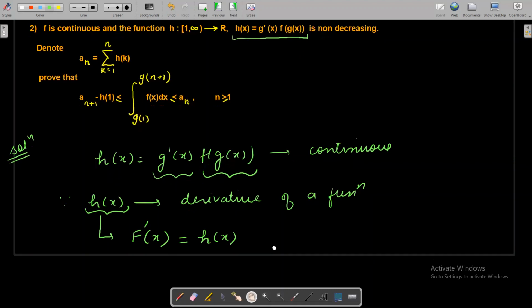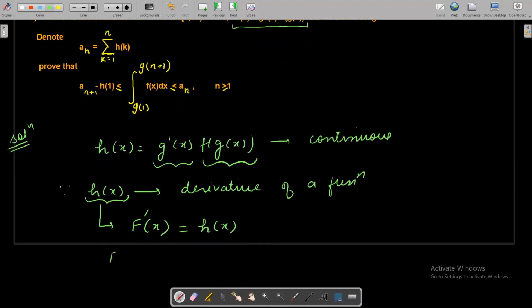Now look at the function F of x right now. We know that F of x is derivable and it has the derivative h of x. Since capital F of x is derivable, I can say that it is continuous plus derivable. That's why it is possible to have a value c_k.